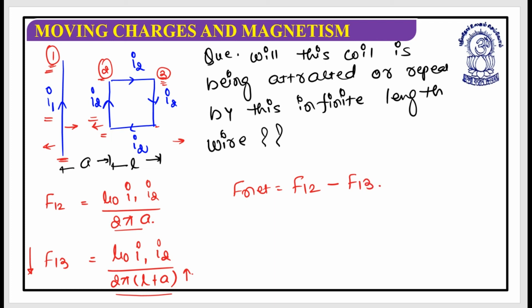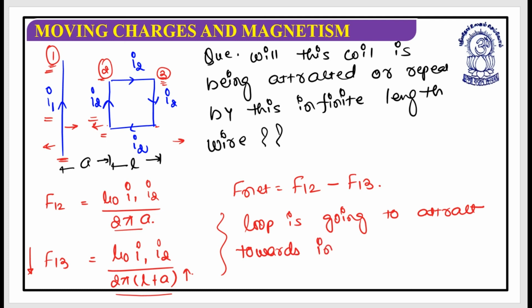So F12 dominates, and that's why the loop is going to attract towards the infinite length wire. I hope this is clear. Is it clear? So please do remember this. This is one of the questions that the examiner wants to ask. Yes? Great.